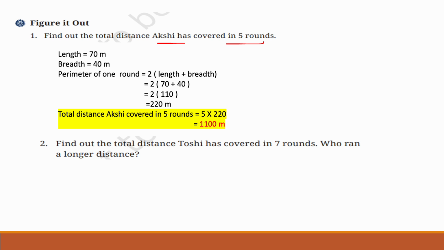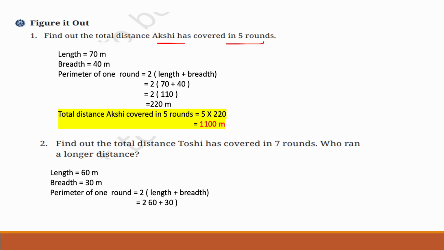Next one. Find out the total distance Toshi has covered in 7 rounds. Who ran a longer distance? Toshi runs along the inner track. What about the length? Length is 60 meter, breadth is 30 meter. Then perimeter of one round is 2 into (length plus breadth).